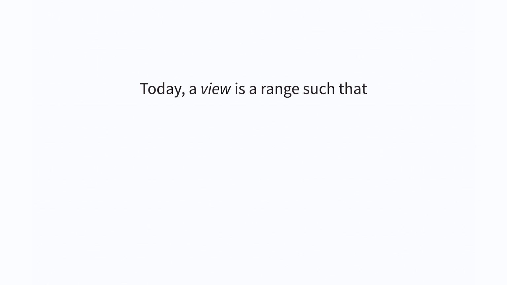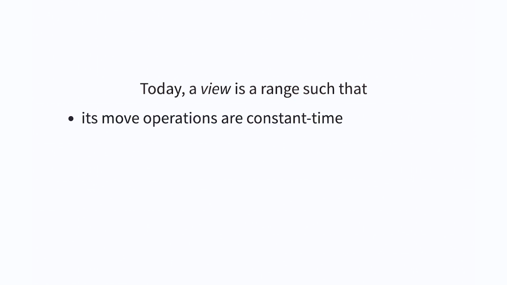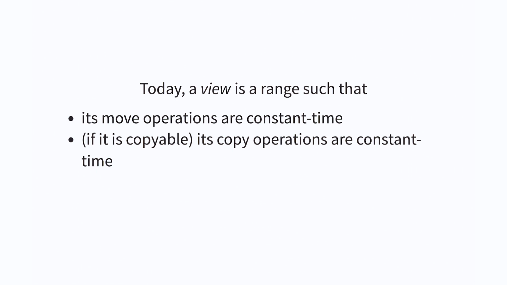So today, a view is a range whose move operations must be movable, and its move operations are constant time. That is, they don't depend on the number of elements in the range. Okay? So move operations are constant time. If it is copyable, so views don't have to be copyable, but if the range is copyable, then its copy operations must also be constant time.